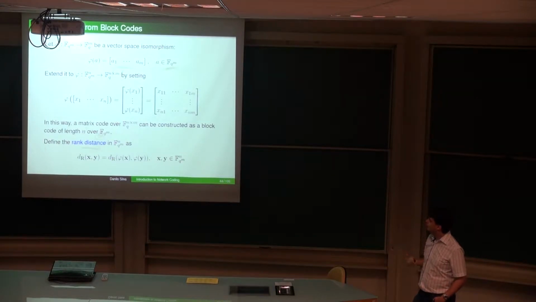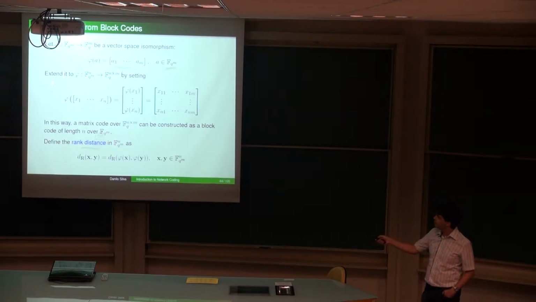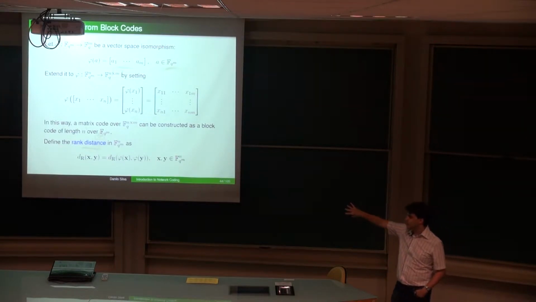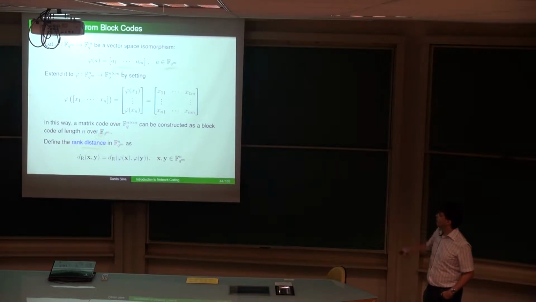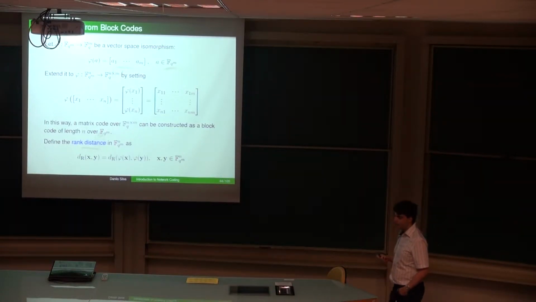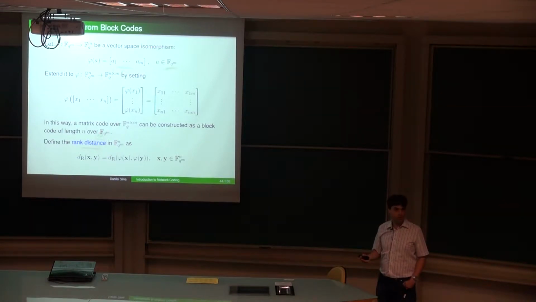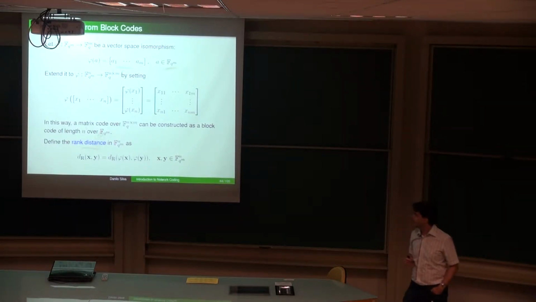We can extend this mapping to vectors over Fq to the m, so that they map to a matrix. Essentially, we transpose the vector and then apply the mapping so that we get an n by m matrix. In this way, we can construct matrix codes from block codes.